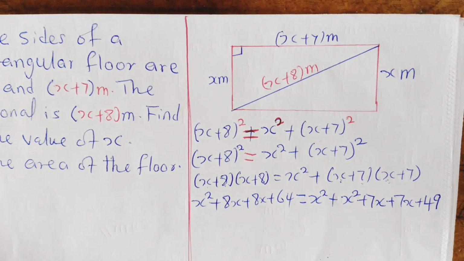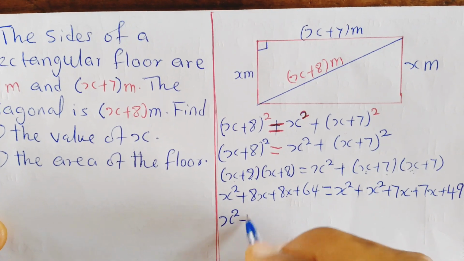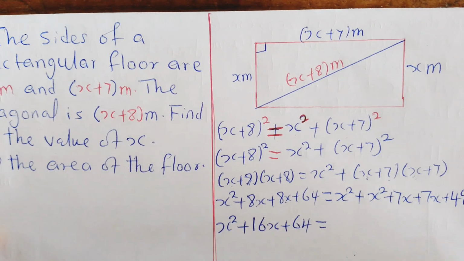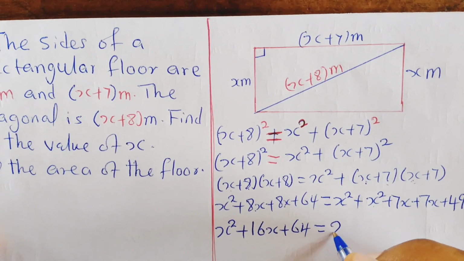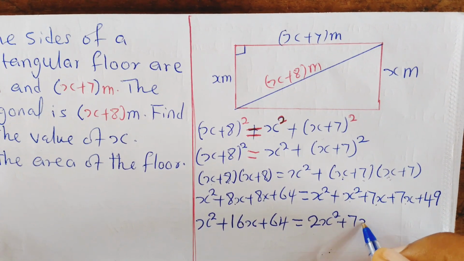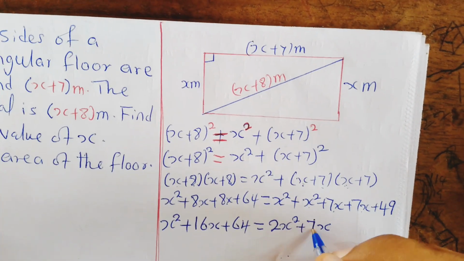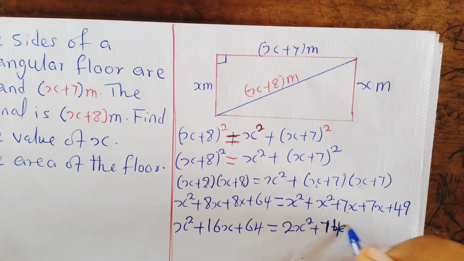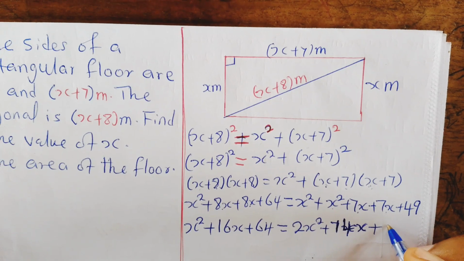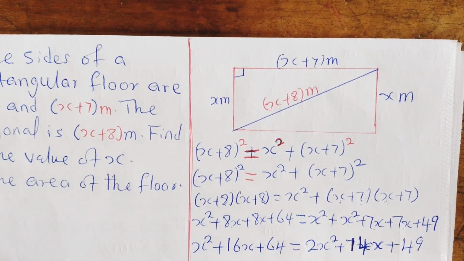So let me simplify. This will be giving me x squared plus 8x plus 8x will give me 16x plus 64, is equal to x squared plus x squared will give me 2x squared, 7x plus 7x will give me 14x, plus 49. So let me regroup items.